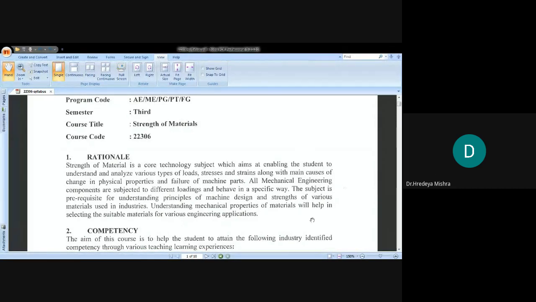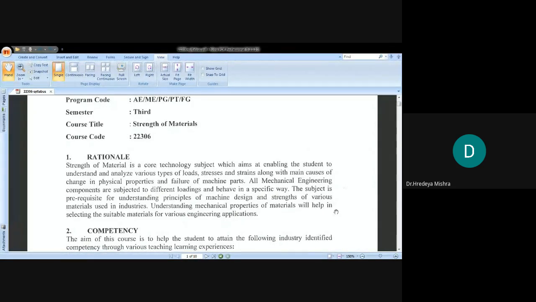All the mechanical engineering components are subjected to different loading and behave in a specific way. The subject is required for understanding the principles of machine design and the strength of various materials used in industry.